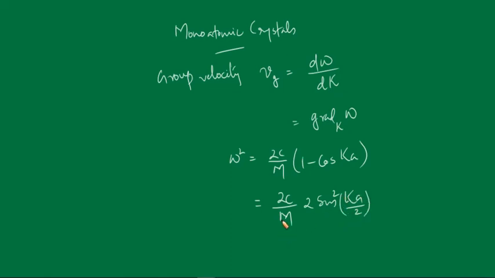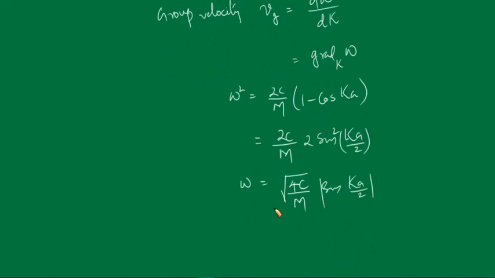So from this we get omega is equal to root of 4c by m, modulus of sine ka by 2, because omega is always positive.